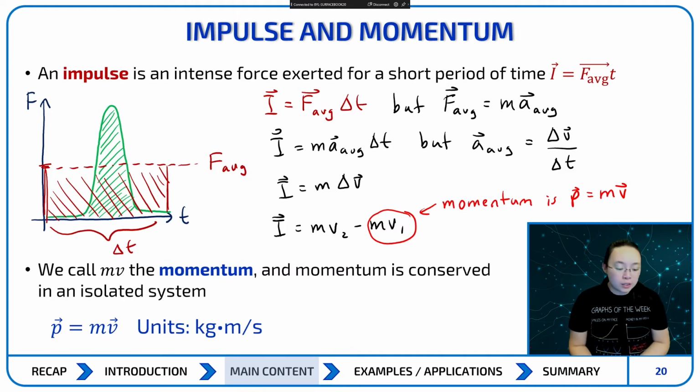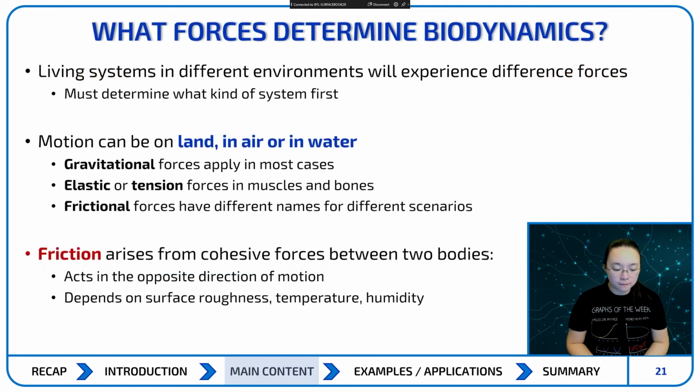And there is your equation, P equals mv. The units are going to be kilogram times meters per second, or kilogram meters per second. And so this means I can redefine impulse, not really as an intense force exerted for a short period of time. An impulse is also equal to a change in momentum.